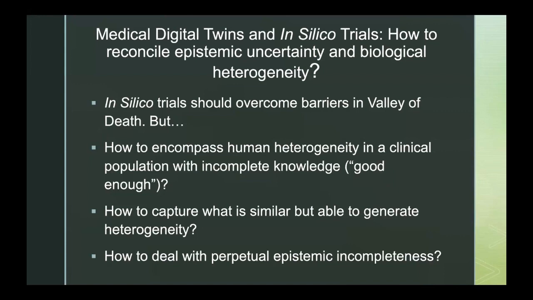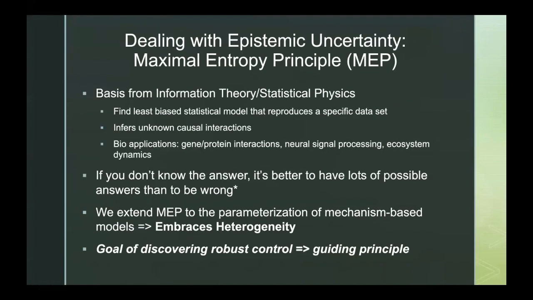And since you can't have full knowledge, ontological truth of this particular system, how do we deal with the fact that we don't have complete representation of the system that we are trying to apply engineering principles to? So there is this principle, the maximal entropy principle, that is drawn from information theory, statistical physics, right?